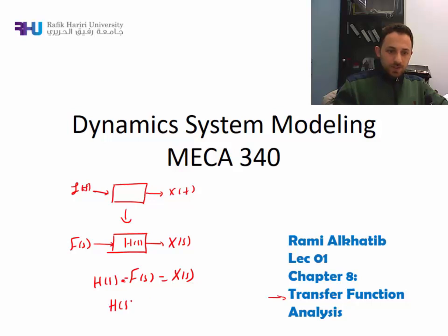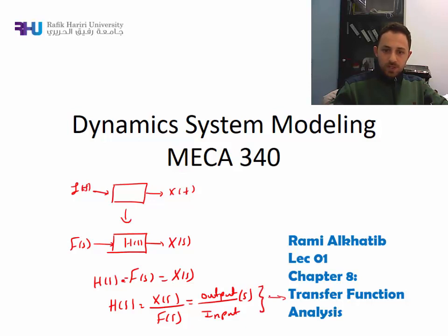Then H of s is equal to X of s over F of s. X of s is the output and F of s is the input, and those are expressed in the s domain, and this is what we call the transfer function. So the output over the input is called the transfer function.